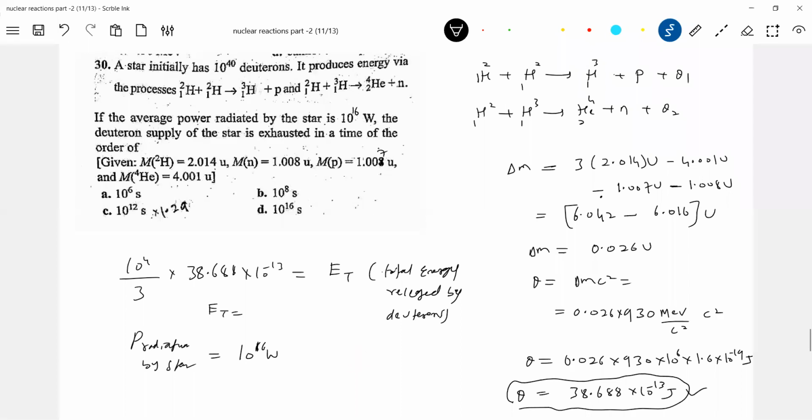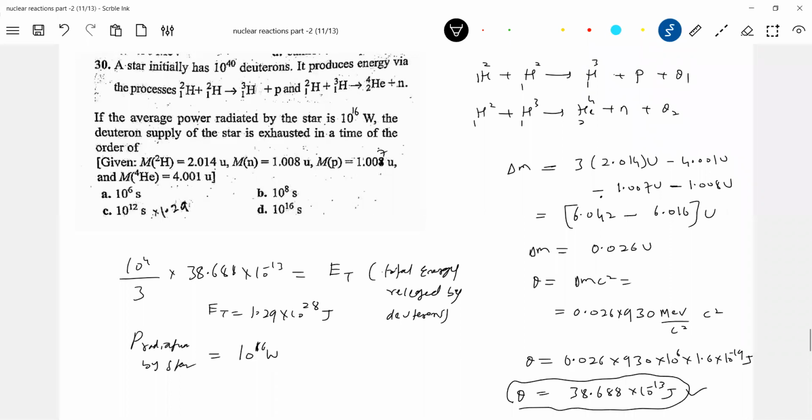I'll wind up this problem then. ET will be 10 power 16 into T only. This is 10 to the power of 40 by 3, the total energy released by the deuterons, 1.29 into 10 power 28.